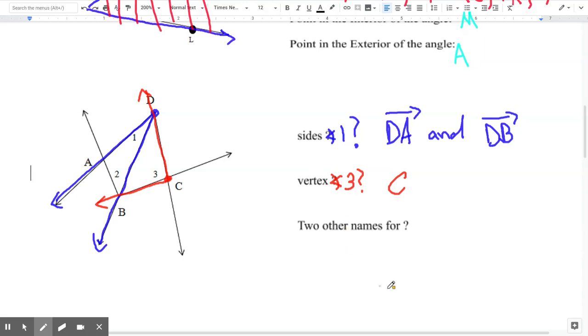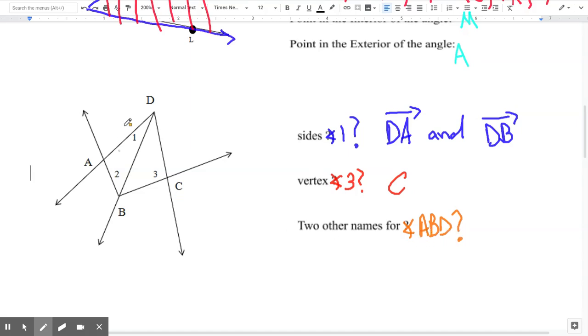The last thing to practice here is two other names for angle ABD. So let's practice different ways that we've talked about naming angles. Angle ABD, let's go find that one. What we can do is take our pencil and trace along the letters in the same order that they're listed.